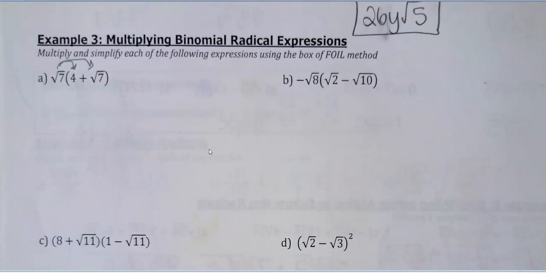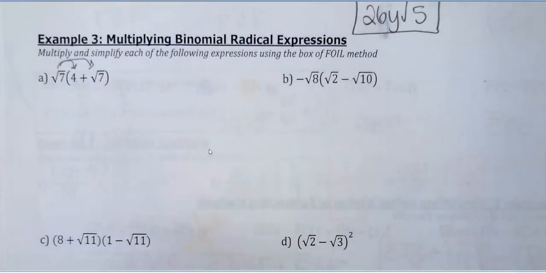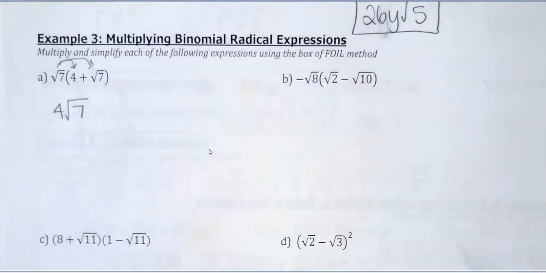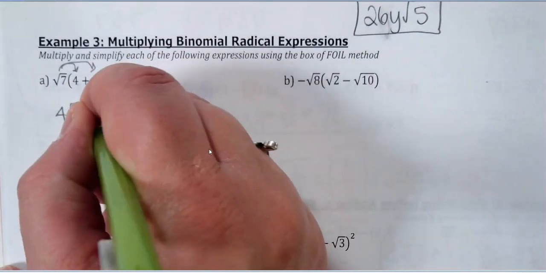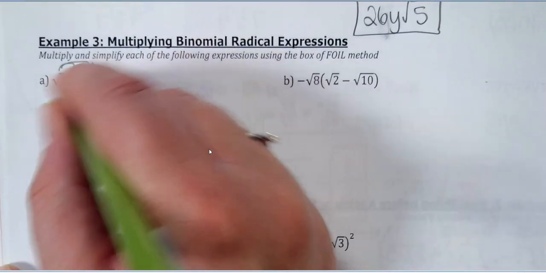So if I take the square root of 7, and I'm going to multiply that by 4 plus the square root of 7, radical 7 times 4. If you take a radical times a number, the proper way to write that is just to put the number in front of the root. So that would be 4 roots of 7. And then if I multiply square root of 7 times square root of 7, if you multiply a radical by itself, you just multiply the numbers underneath.